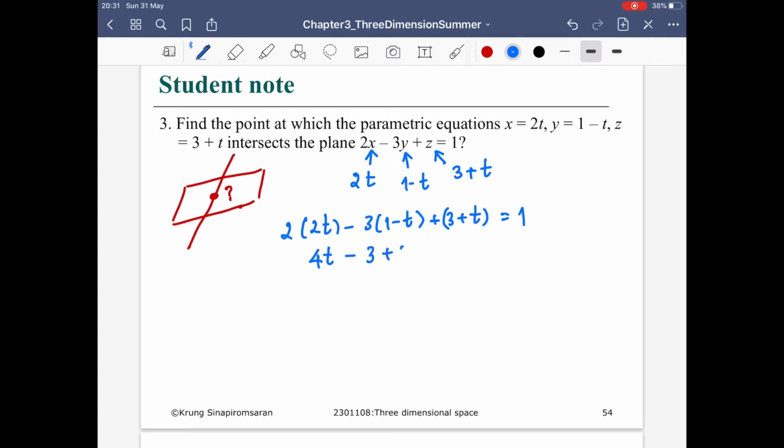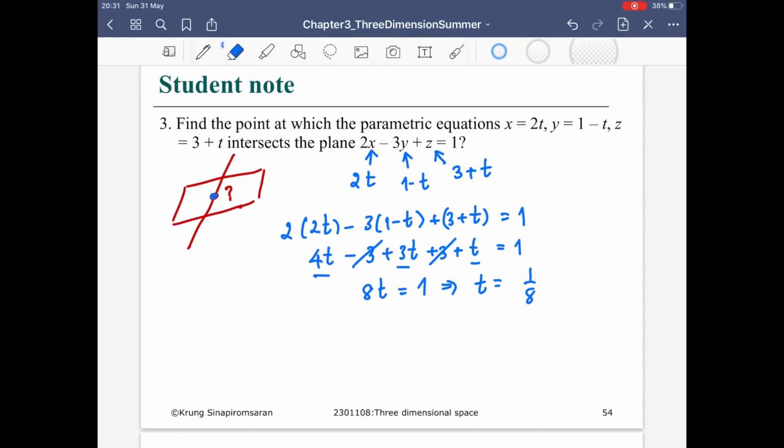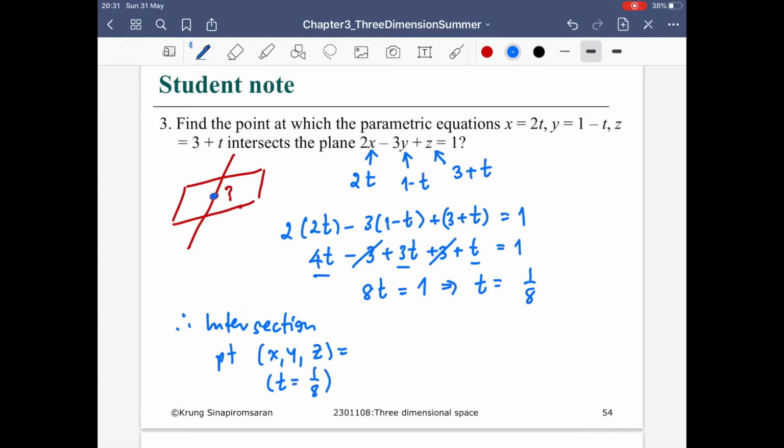So you got 4t, negative 3t, and 3 plus t equals to 1. So how many t are left? You have 8t, and then the 3 and the 3 happen to be the same. So your t is 1/8, okay? So if you want to find this coordinate x, y, z, the intersection point will be the point x, y, z where your t is 1/8 on the equation of the line.